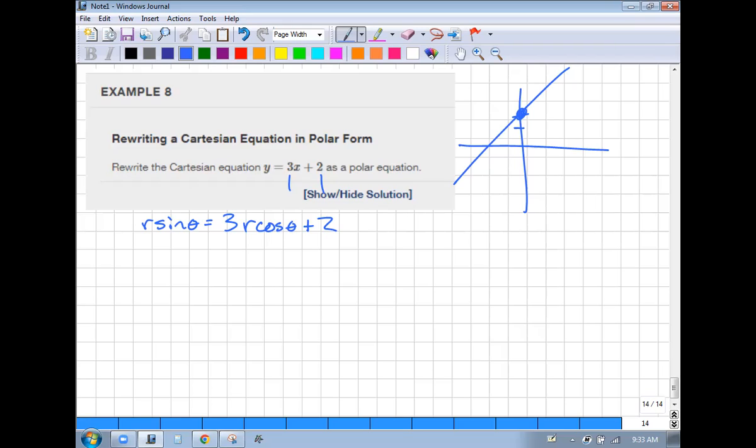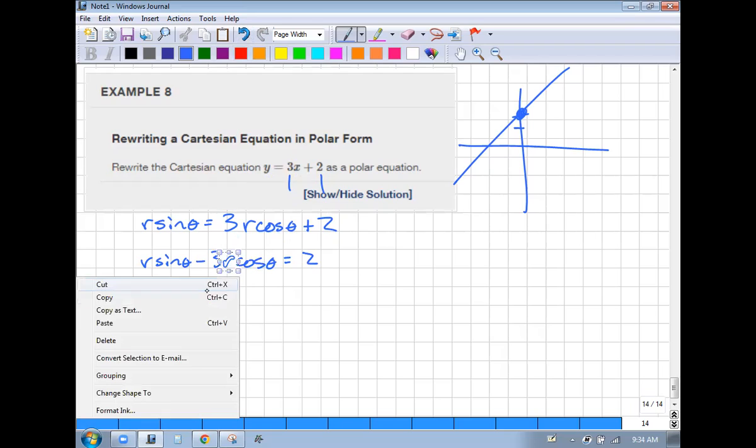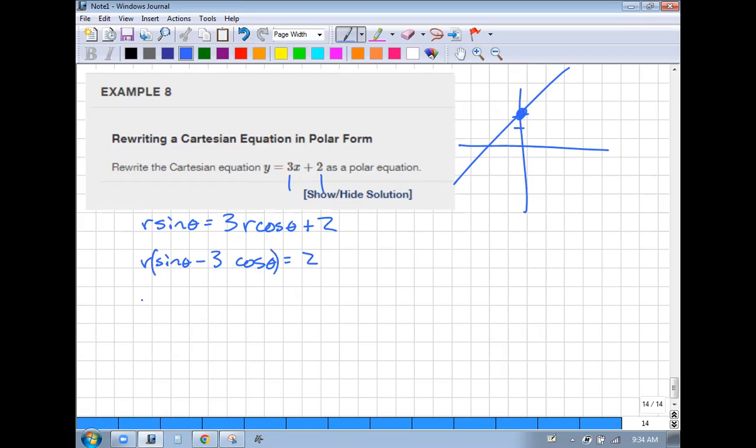That's not intuitive. Maybe if we got r by itself, right? Like here we have y equals stuff with x's in it. Can we change this to r equals stuff with thetas in it? We could do that. Let's see if that helps with intuition. Let's see if I factor out the r, so I divide both sides. At least I wrote it as r as a function of theta.